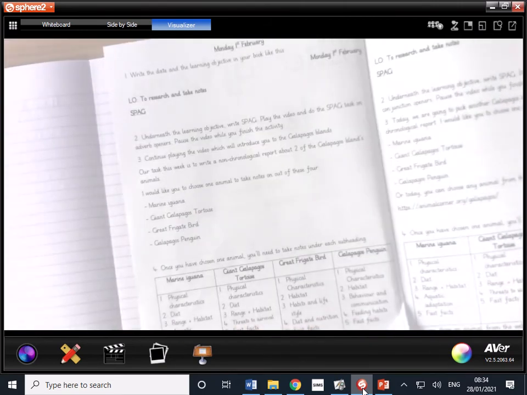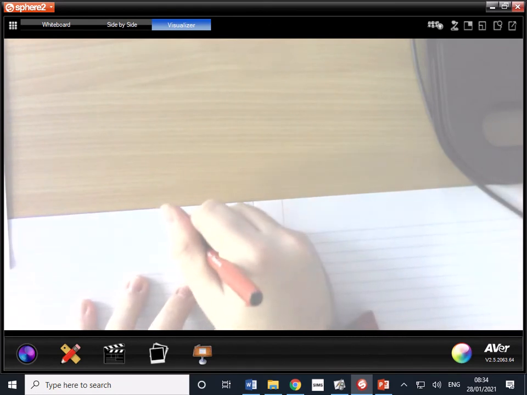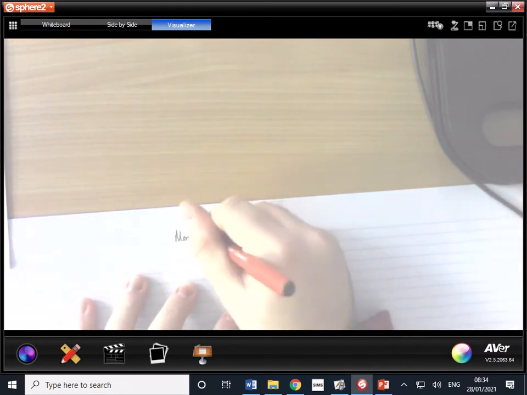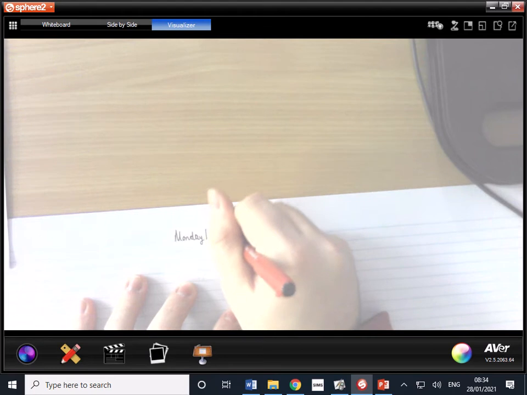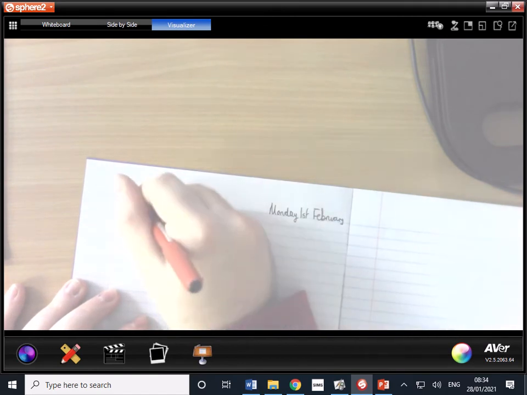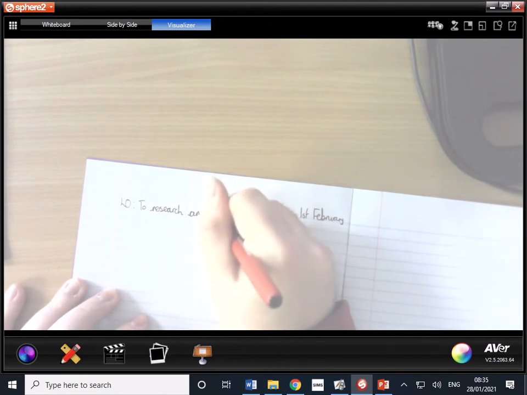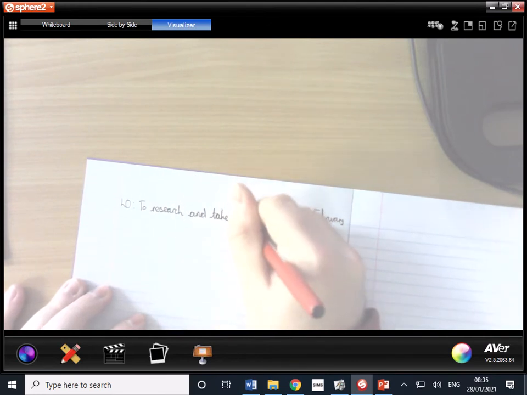Write the date and the learning objective into your book as so. Just bear with me. So keep it like we do in class. On the left hand side, Monday the 1st of February, and the learning objective, that there, learning objective is to research and take notes.